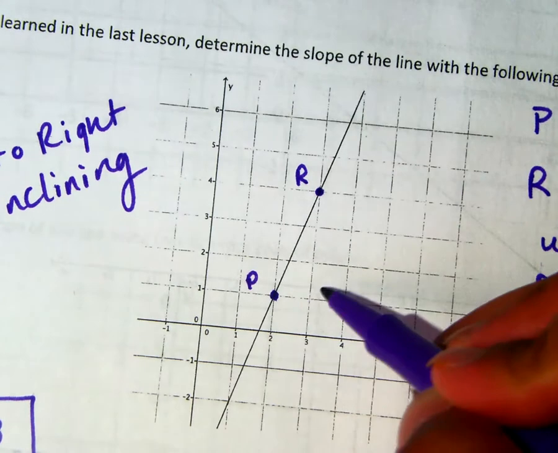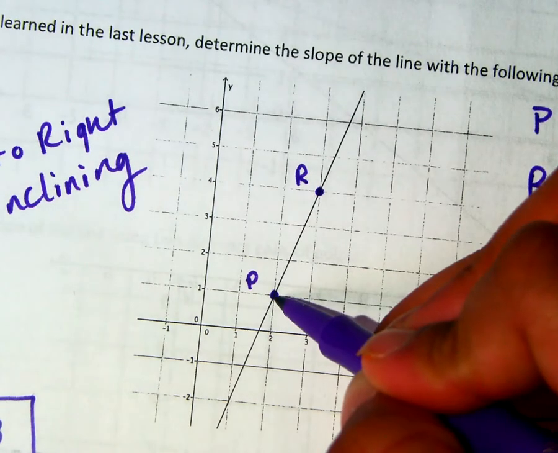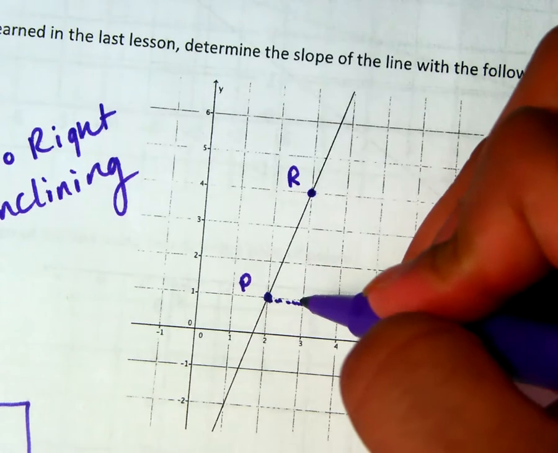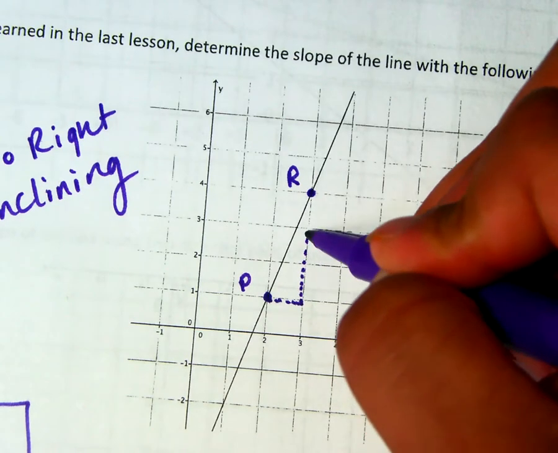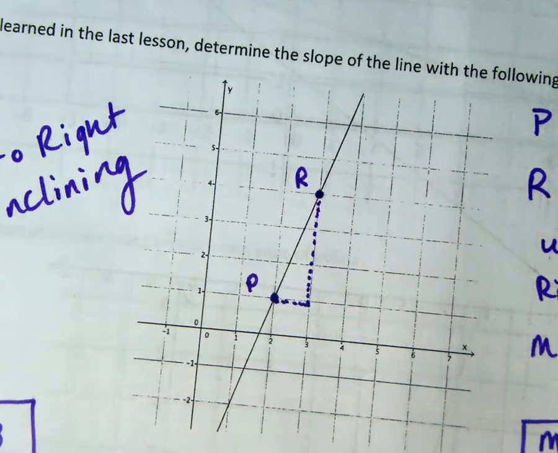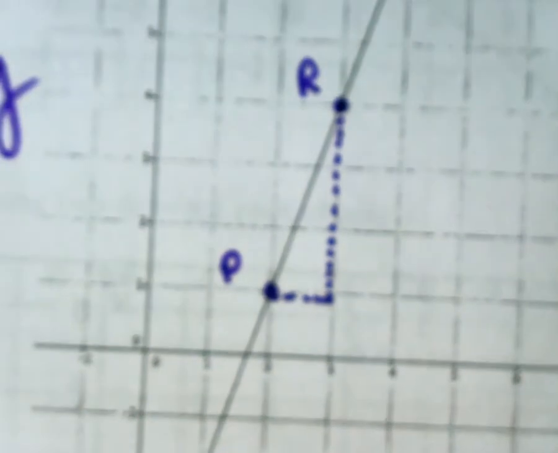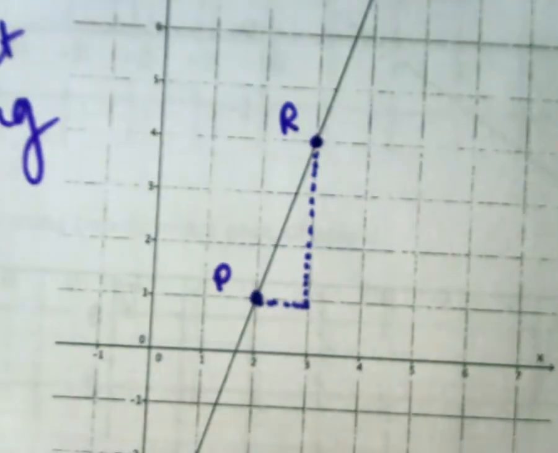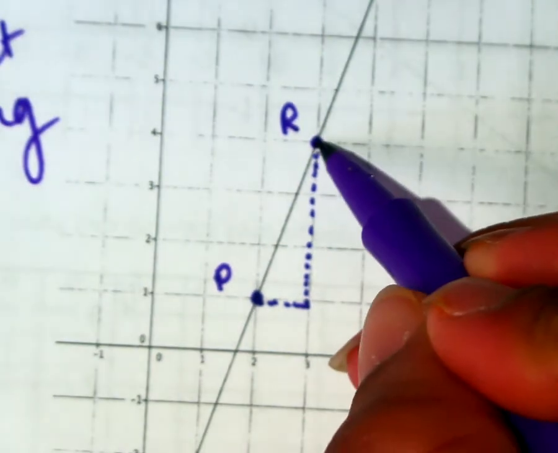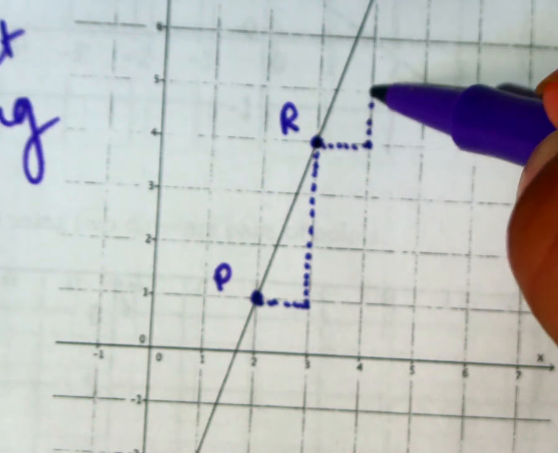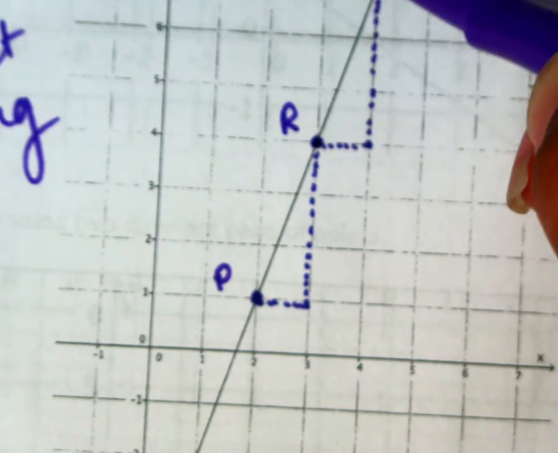To move from point P to point R, if I'm using dotted lines now to go from one point to the other, I create a sort of triangle on the graph that connects those points. If I wanted to get to the next point further ahead on the line, I would also need to venture out 1 to the right, and I need to go 1, 2, 3, up.